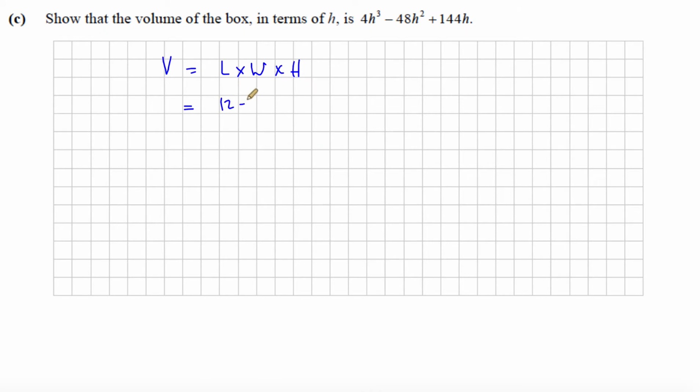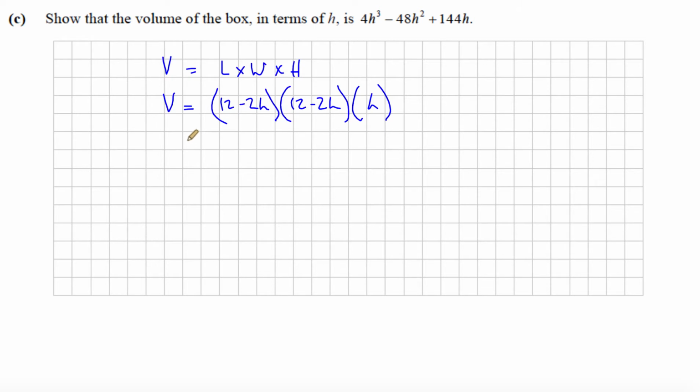So it's 12 minus 2h for the length, times the width, which again is 12 minus 2h. So that's the length, the width, and the height is just h, small h, which was given in the diagram. So that's the volume then. So we're going to work this out, multiply it all out, and hopefully we should get this.